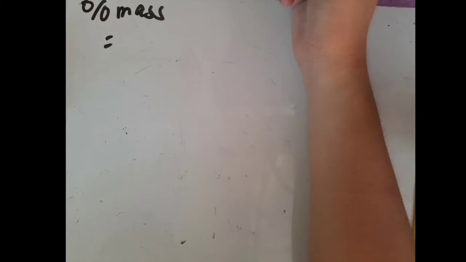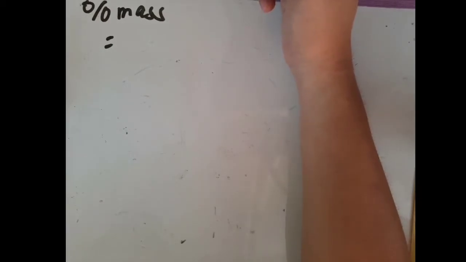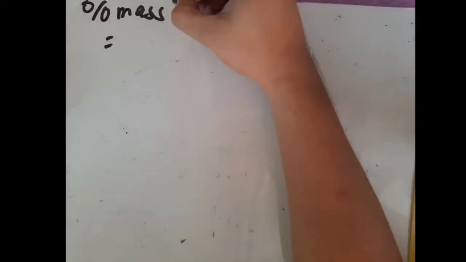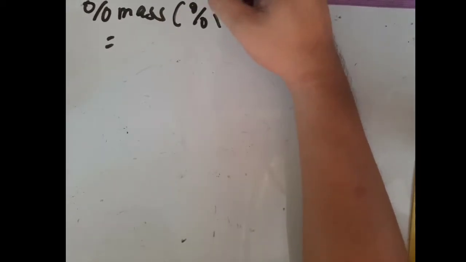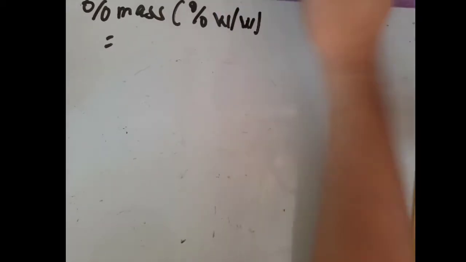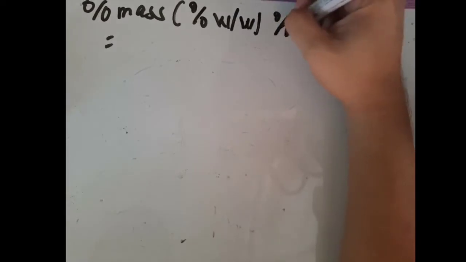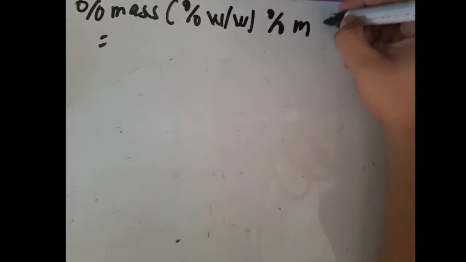So we will start first with percent mass. By its name, percent mass, or in some literature or researches, they express it as percent weight per weight, or percent mass per mass.